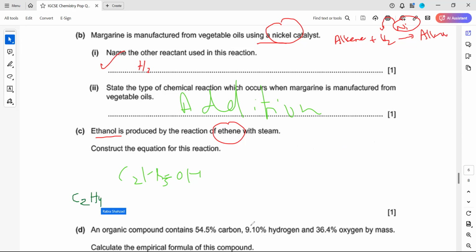It is produced when ethene, which is C2H4, reacts with H2O. As a result, it will produce C2H5OH. This reaction is also an example of addition reaction, also known as hydration. Hydration means addition of the water.